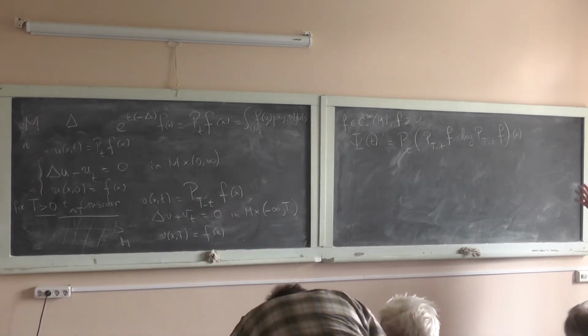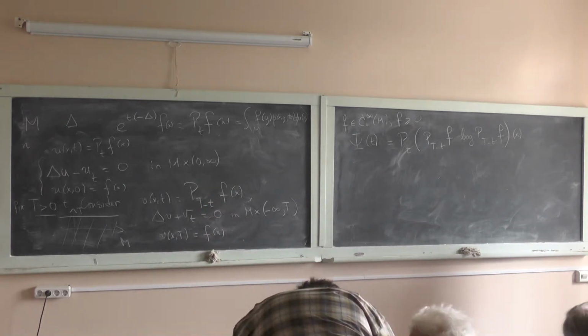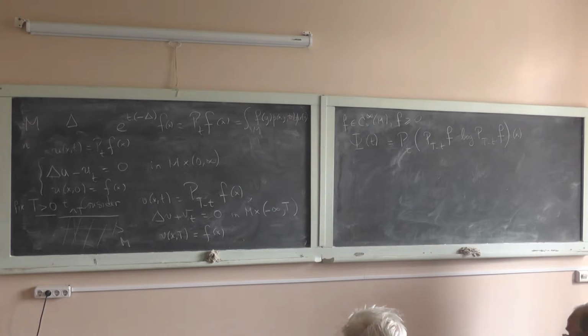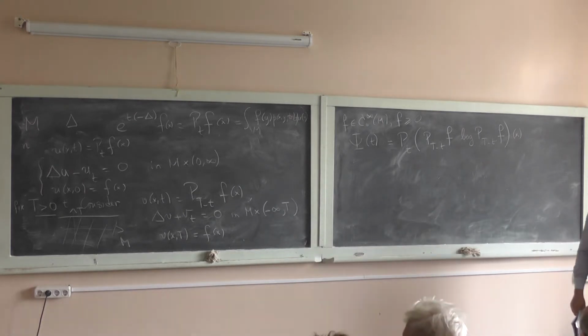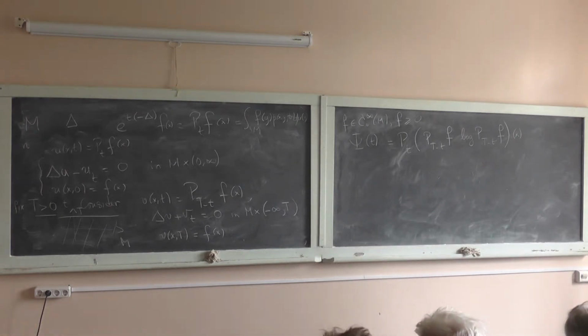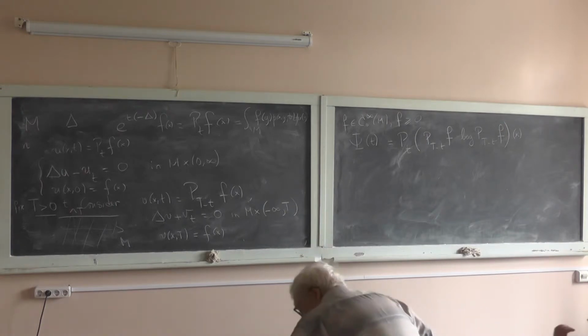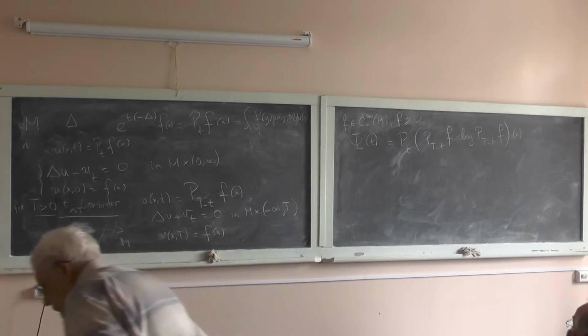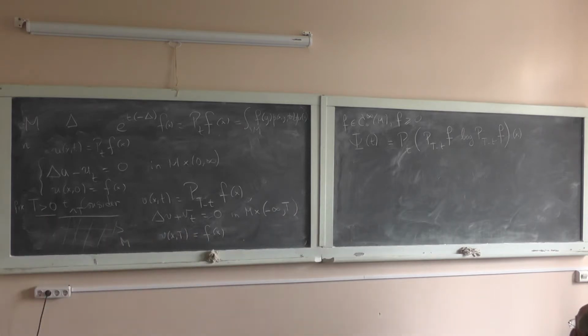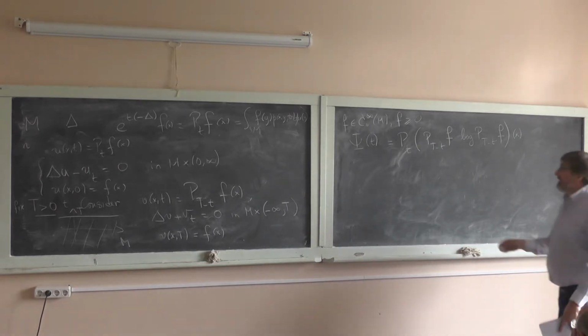The reason for this functional here is by Bakry and Emery, they were interested in hypercontractivity estimates, and so they come from there. But I will use them in a different way. So this is the definition.